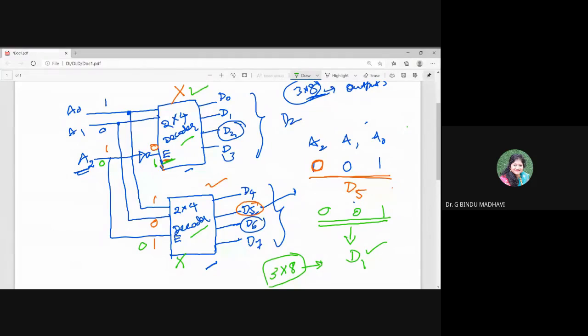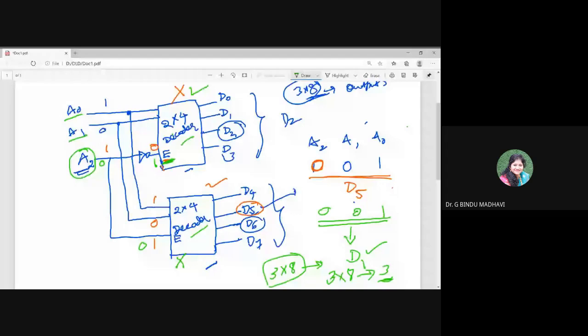The first two inputs as they are are supplied to both the first and second decoder. Next, the third input A2 will be used as the enable, because for the 2 by 4 decoder the actual input should be 2 only. The third input will be enable. But coming to the 3 by 8 decoder, actual input should be 3. So this enable will act as the third input for the 3 by 8 decoder.